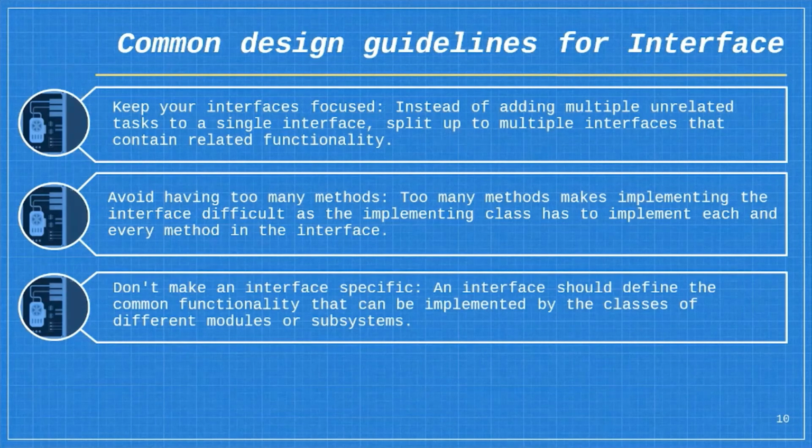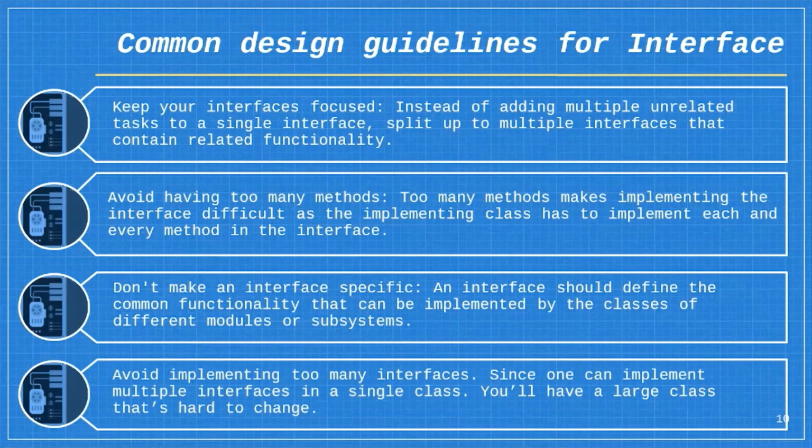As I said in the previous point, never create an interface specific to a class. Create an interface related to functionality. An interface should define the common functionality that can be implemented by the classes of different modules or subclasses. Never misuse interfaces by creating one for every reason.